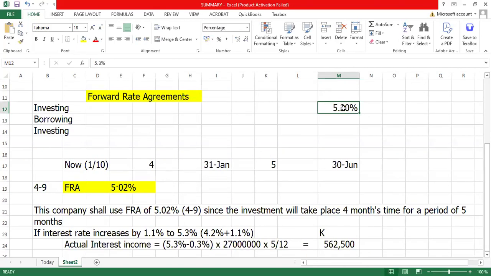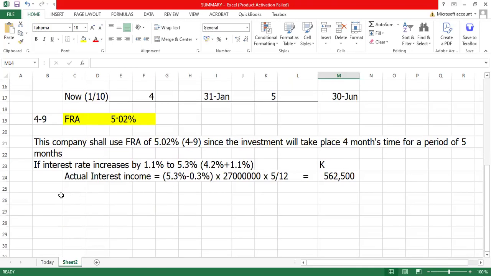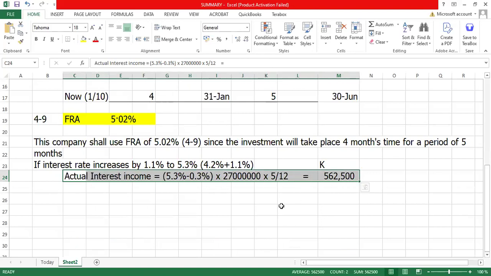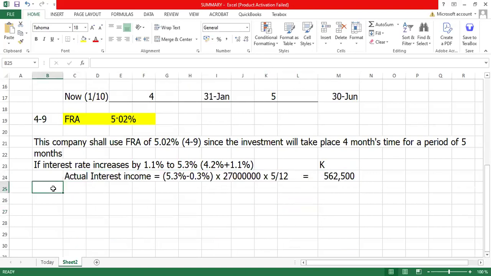The rate increases, the investor gains more. So the investor is the one benefiting, and the one benefiting should be the one to compensate. So out of this money, you as an investor compensate.